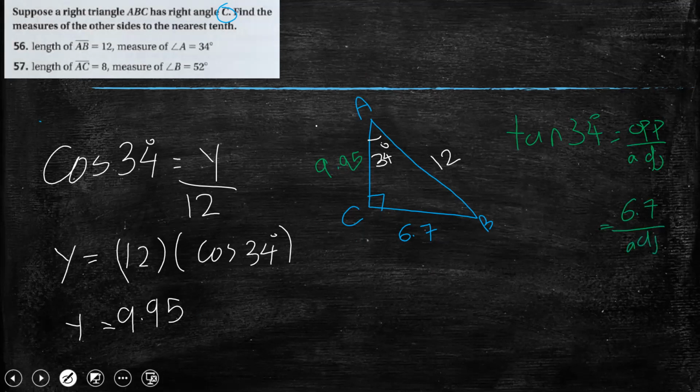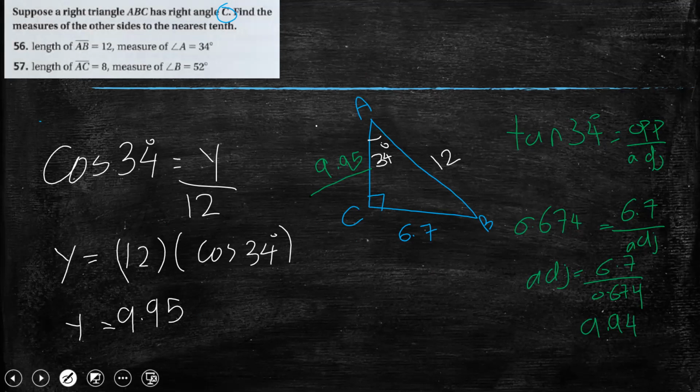And the tan of 34 is 0.674. Then by cross product and division, the adjacent will be 6.7 over 0.674. You will find that it will be 9.94, which is approximately 9.95. So this is another way.